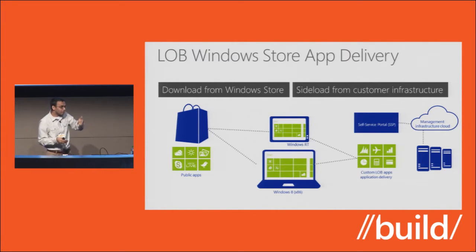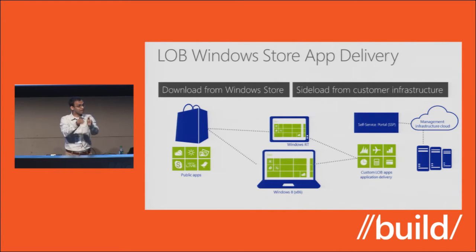Similarly, for the same infrastructure, which is internal, whether it is for Contoso Corporation or Fabrikam Corporation, for each organization we have something called a self-service portal. So the Contoso organization can have its self-service portal, and the IT manager can say, for the sales organization, apps A, B, and C.